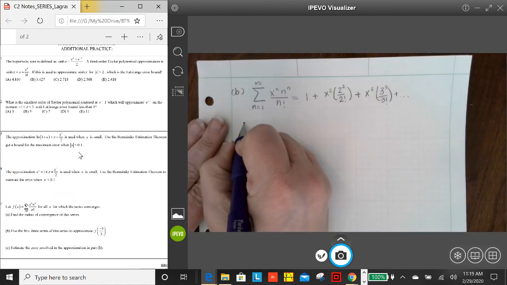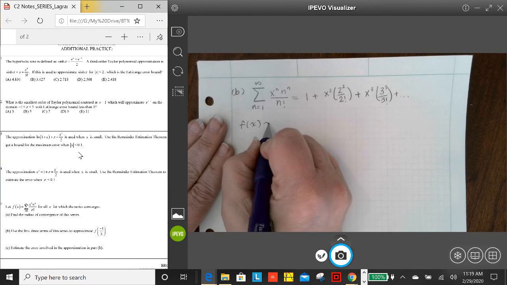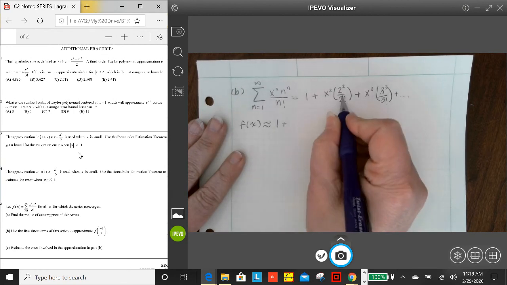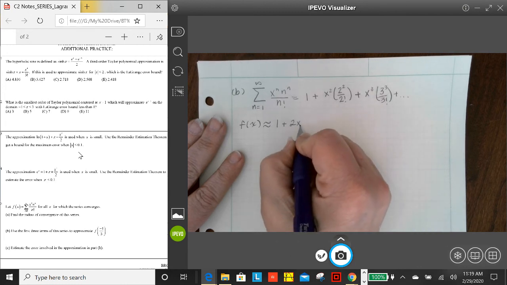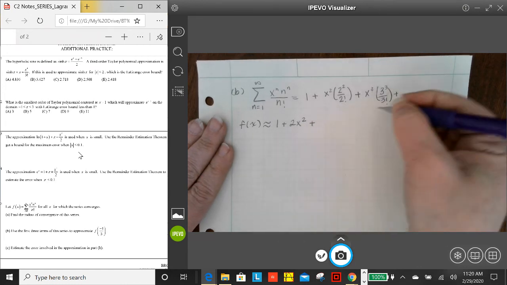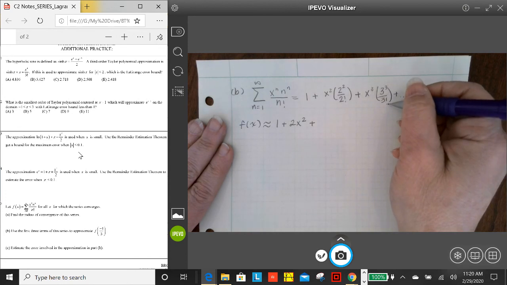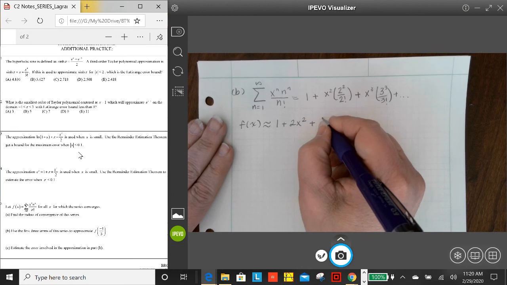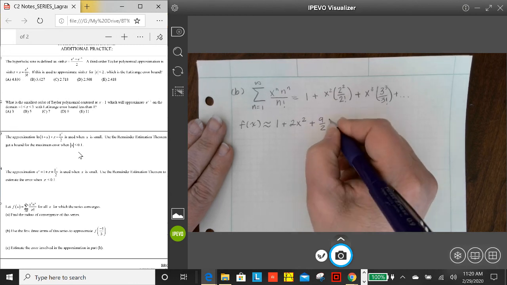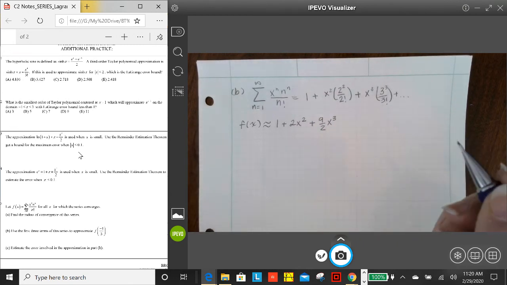And so we're going to approximate f of x using the first three terms. So there we go, 1 plus, this is going to be 4 over 2, so that would be 2x squared, plus 27 over 6, which is 9 halves x cubed.